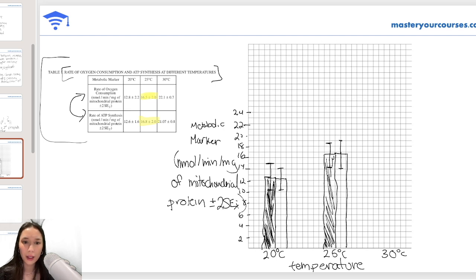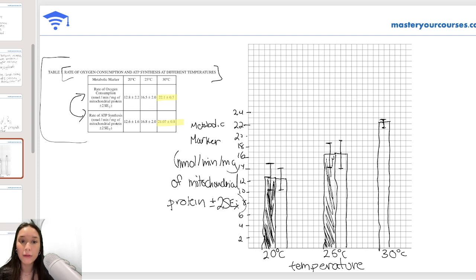And then finally, your 30 degrees, you should have 22.1 and then 21.07. So 22.1 around here, and then plus or minus 0.7, so it's a little bit smaller. Again, they're not going to measure it to the millimeter, but as long as it falls within an appropriate range, it should be fine.